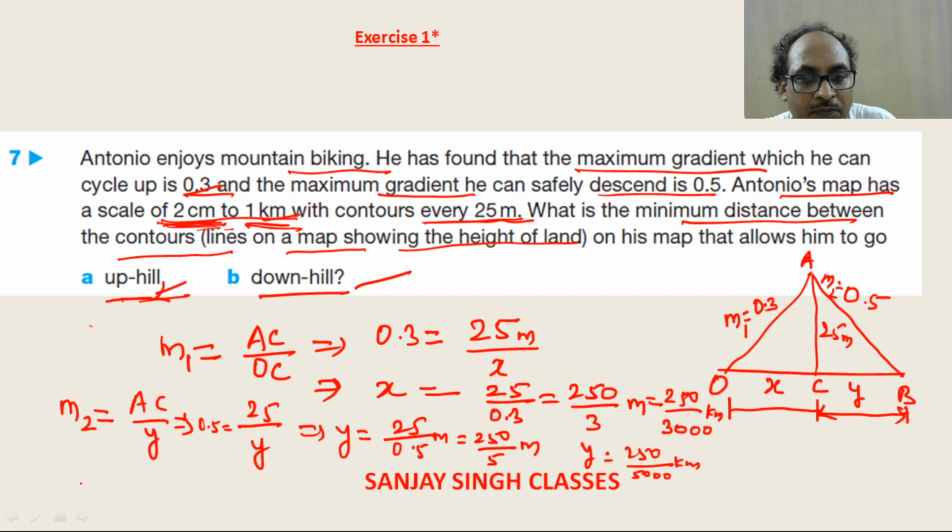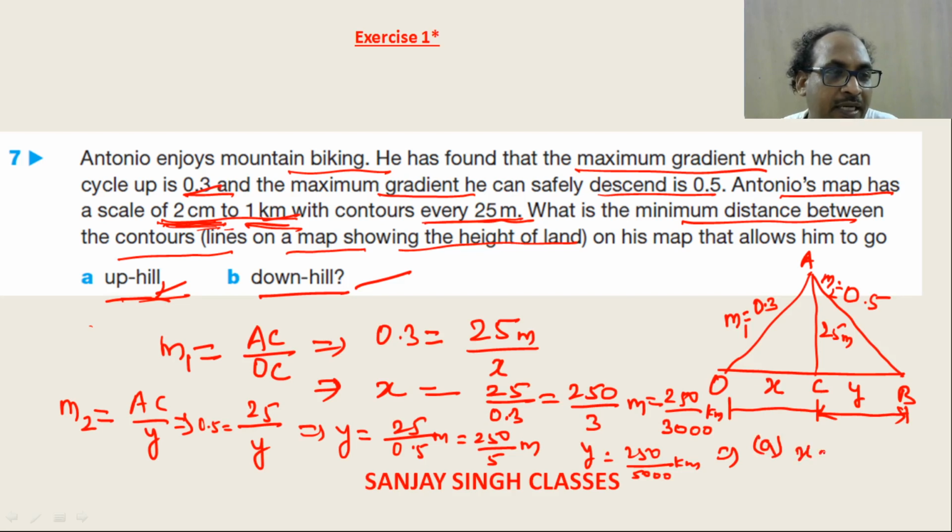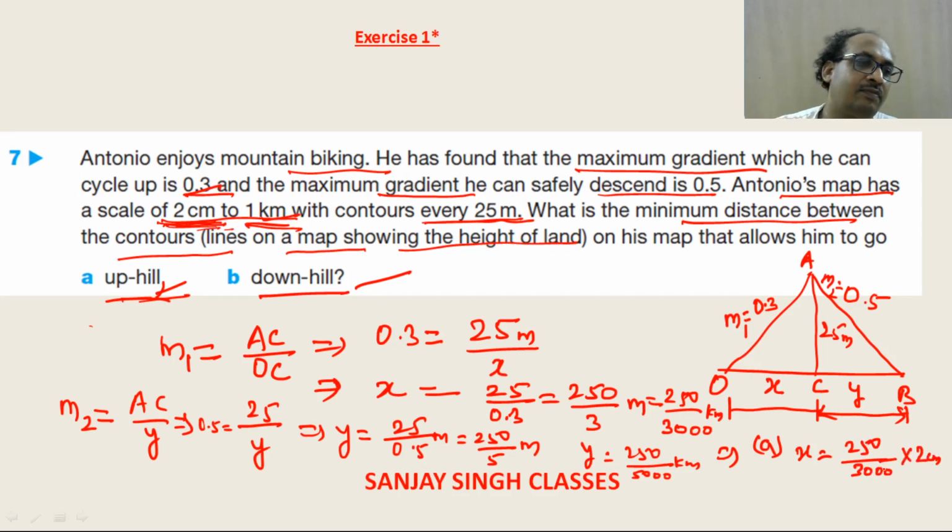We need to convert that. So therefore, our answer here, I am writing A, the answer of A for uphill, that is x meter. In centimeter we will be writing 250 by 3000 into 2 centimeter.